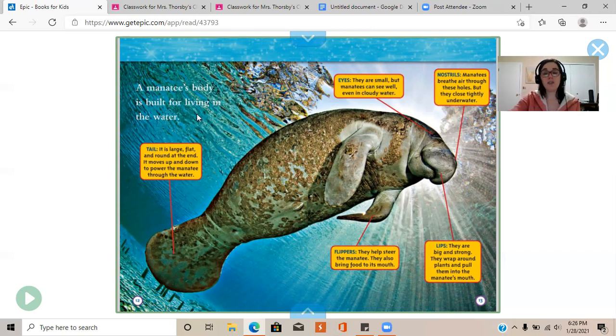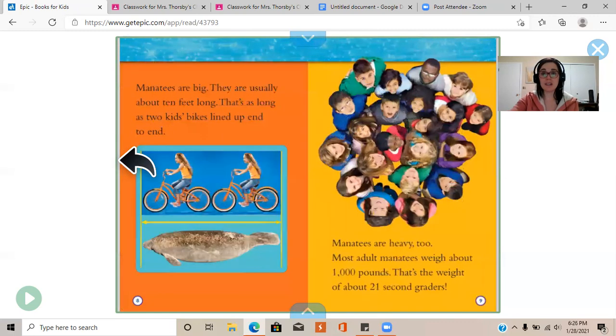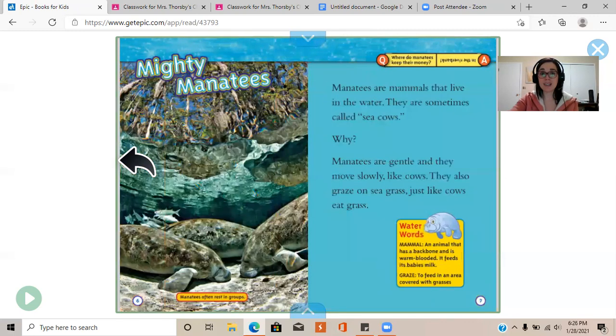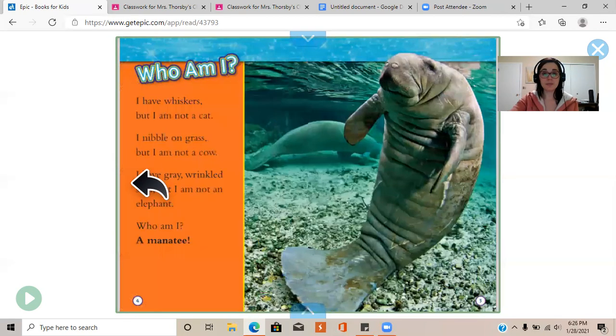So nonfiction authors, they do more than just write paragraphs, don't they? They create headings, they make captions, they put in photographs, they have diagrams, they have vocabulary, they have bold words, they have definitions. Wow, they have comparison. Sometimes they even put in jokes.